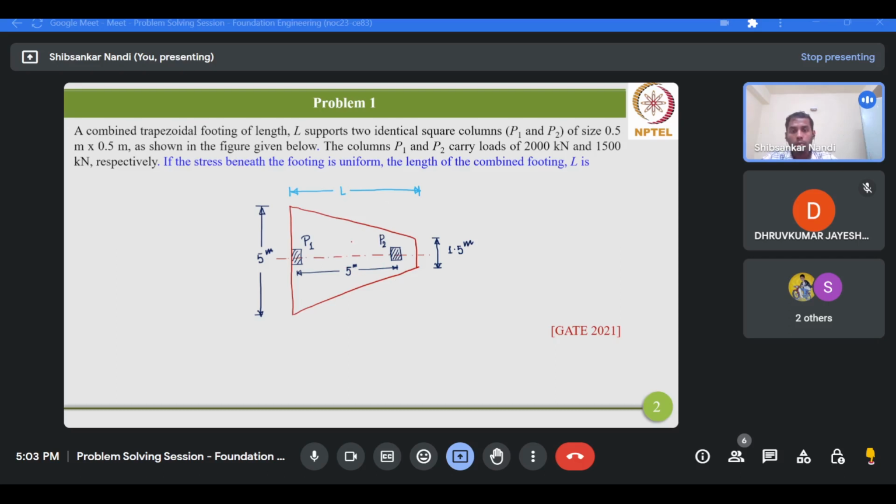In addition to that, the magnitude of the loads carried by these columns is also given as 2000 kN and 1500 kN respectively.